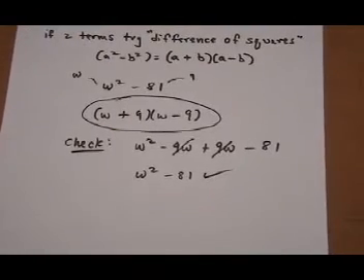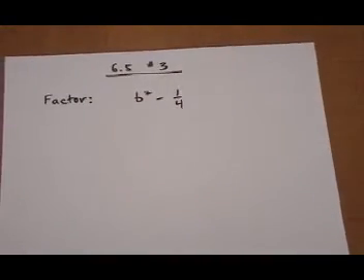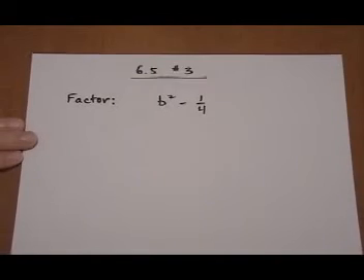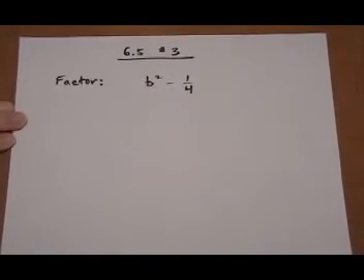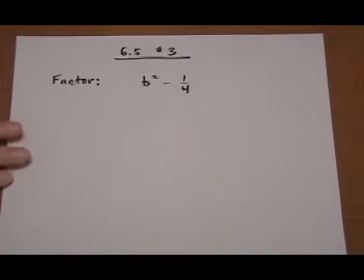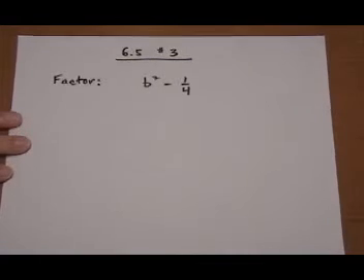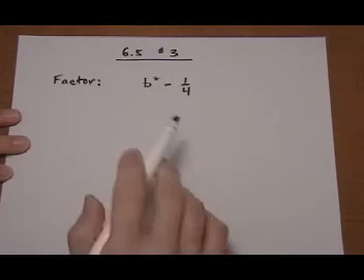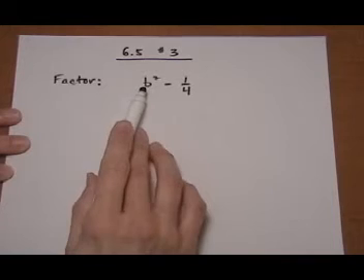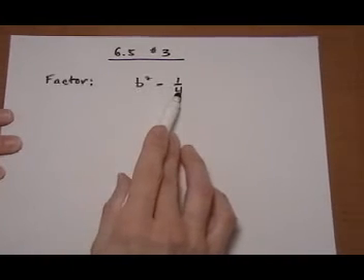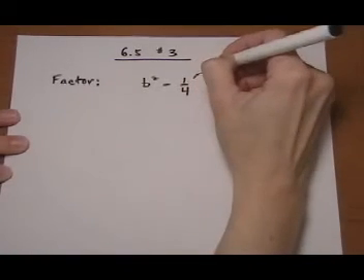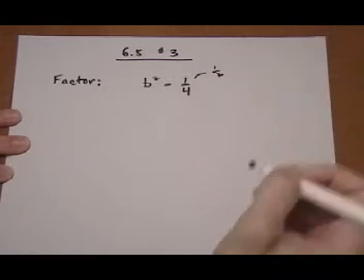Let's try another one. This is 6.5, number 3. So I want to factor b squared take away 1/4. And again I check. Perfect square, yes. Perfect square, yes, because the square root of 1/4 is 1/2.